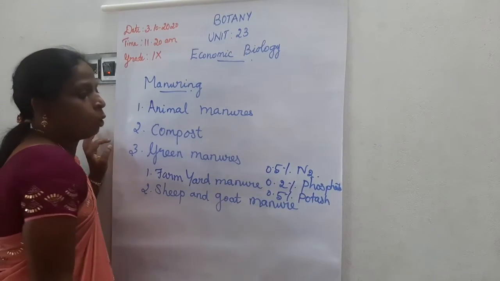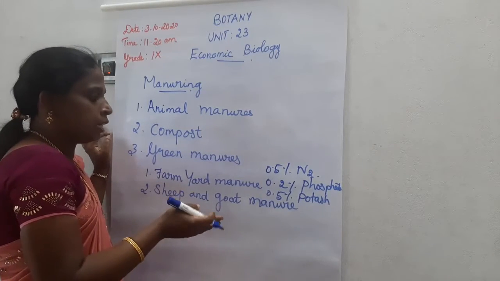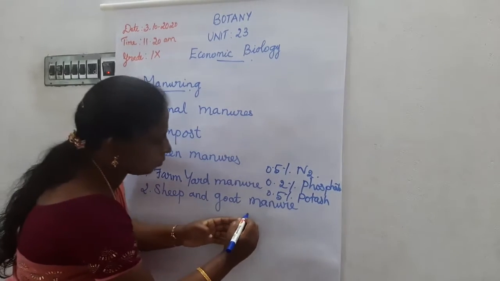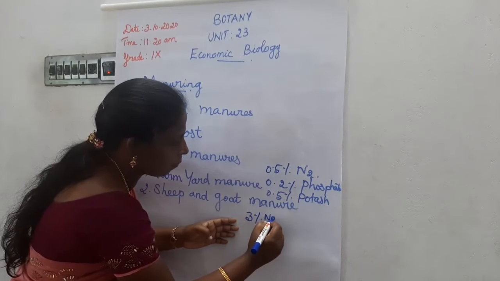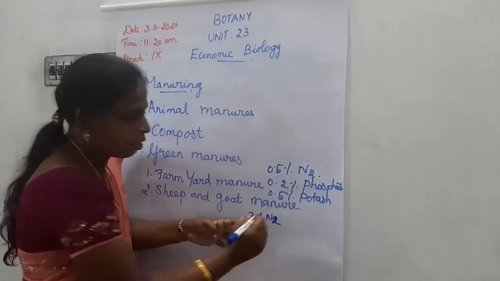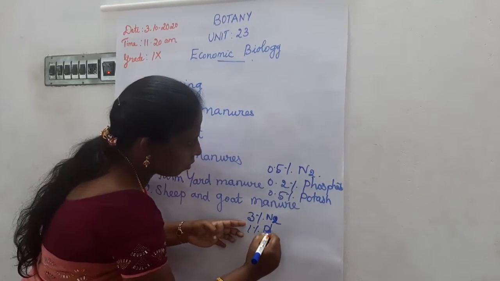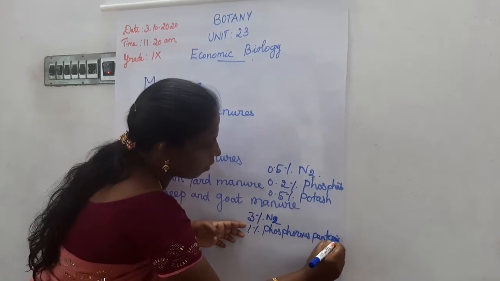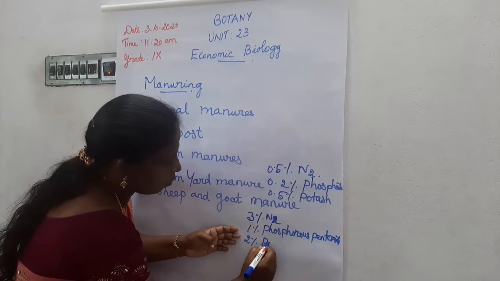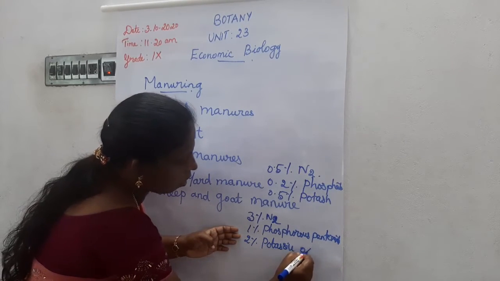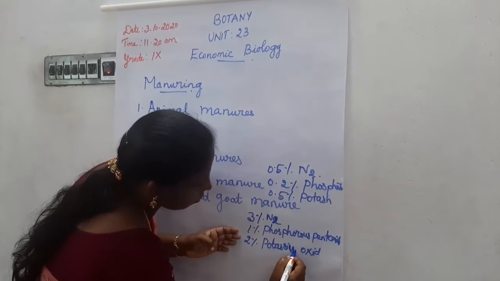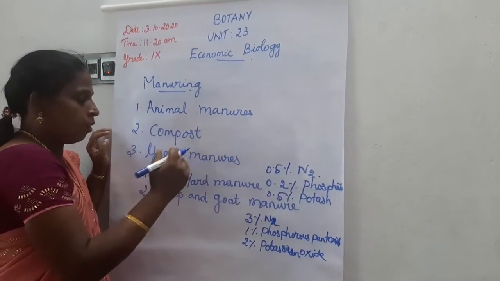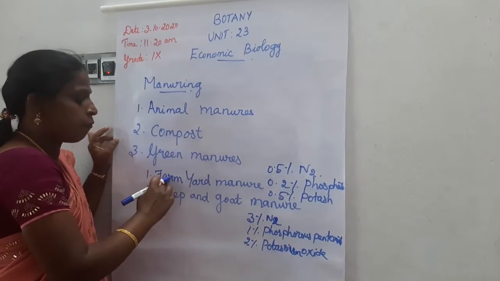The second one is sheep and goat manure. This manure consists of a higher amount of nutrients than farmyard manure.